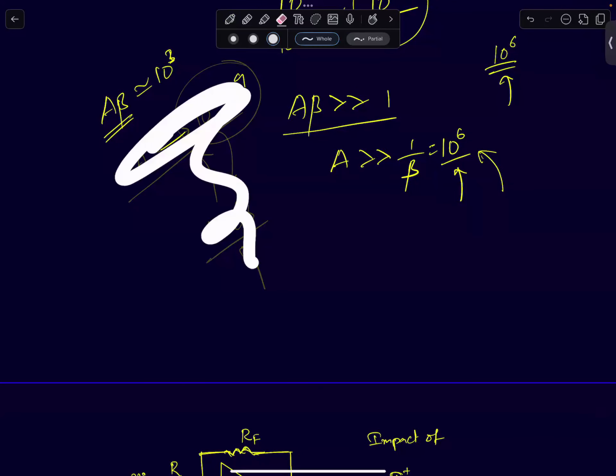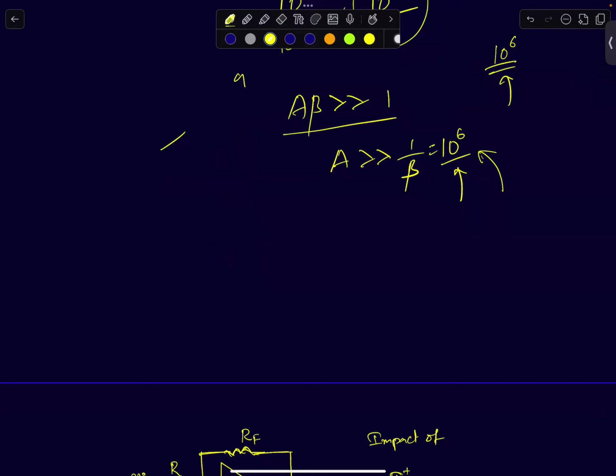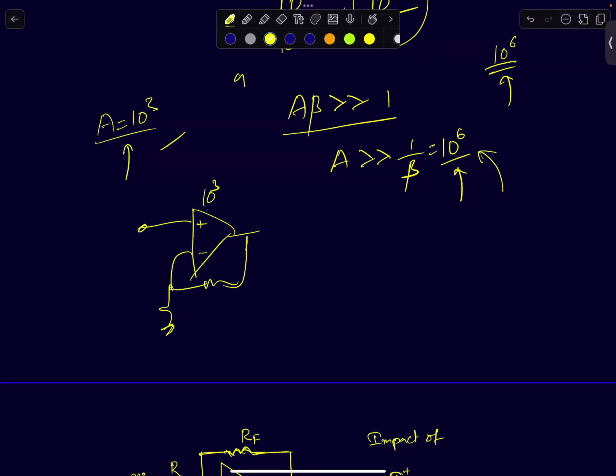See, if you are given an amplifier with a gain of just 1000, then you will build one non-inverting amplifier with a gain of 100 each, because your forward path gain is 1000. If I put a beta of 1 by 100, with 99R and R, then your beta becomes 1 by 100. So 1 by beta is 100 for this stage.